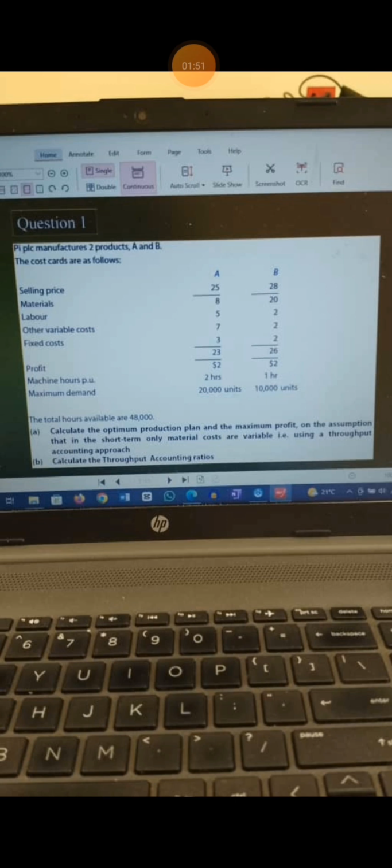Okay, so we've got two products here, A and B. The selling price for A is $25, for B is $28. Materials, $8 per unit for A, and for B, $20 per unit.